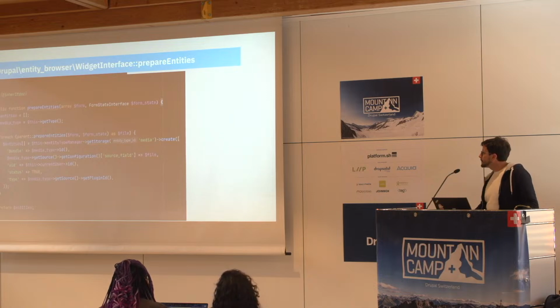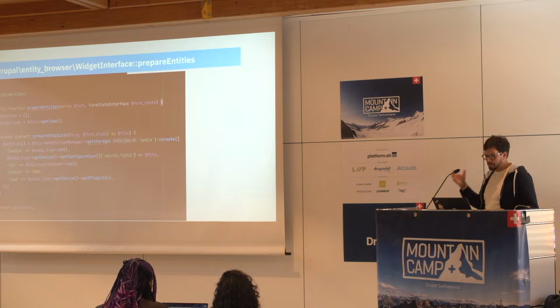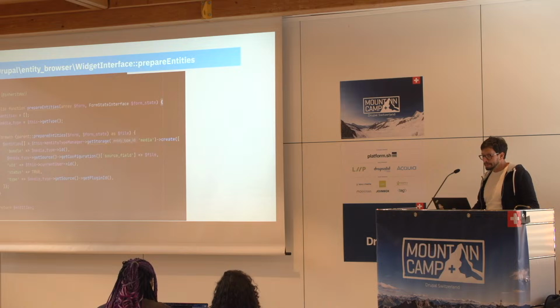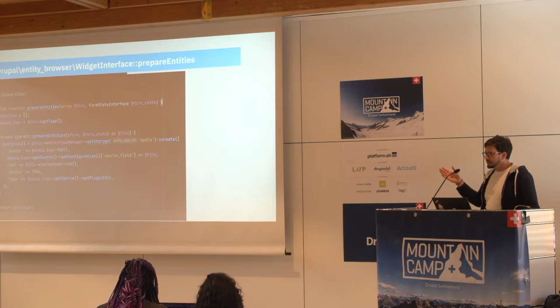If not, then we try to figure out what we need to create and populate the fields. We try to do it so that the entities here are created but not saved yet. So we will do that later, because if validation would fail, then we would have an entity there that we don't need.